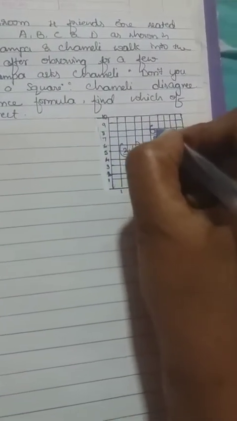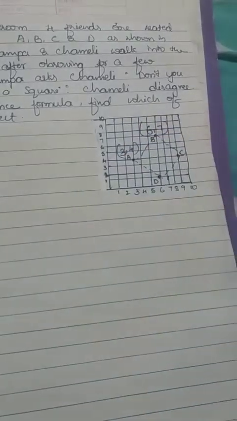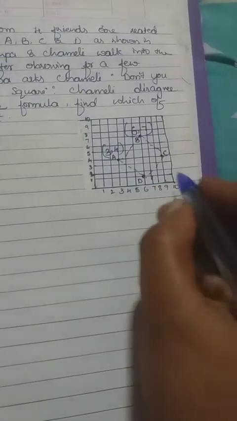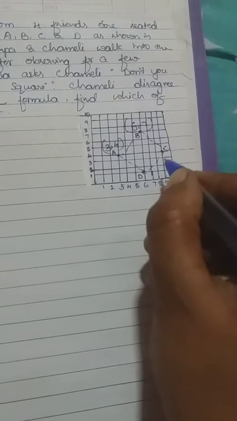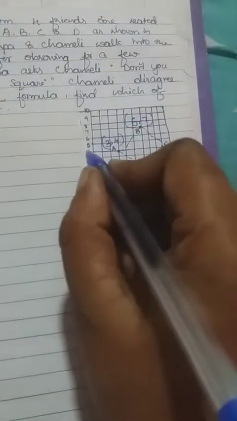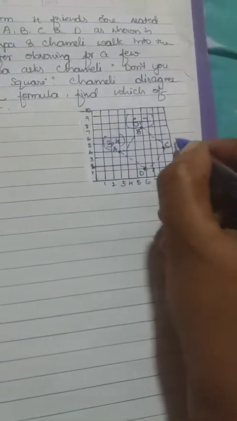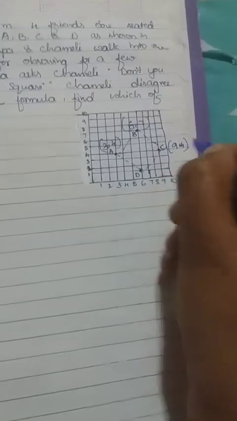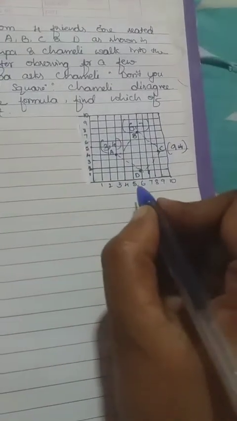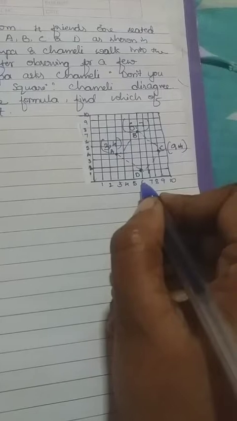So B is (6, 7). And C is 9 on the x-axis and 4 on the y-axis. So C is (9, 4). And D is 6 on the x-axis and 1 on the y-axis.